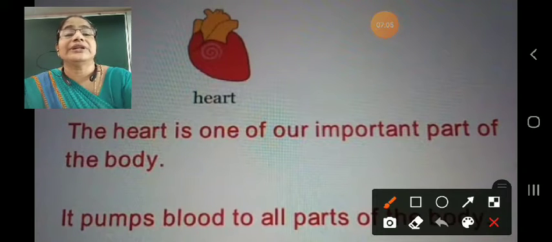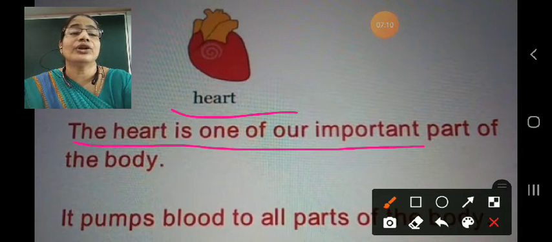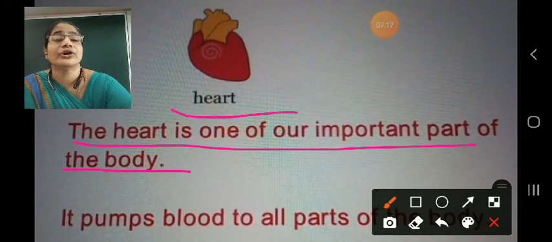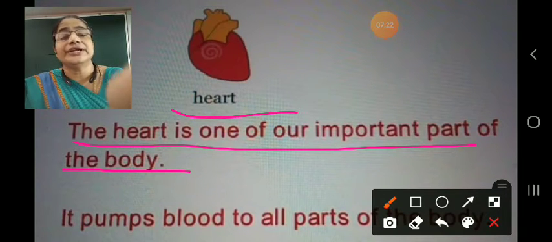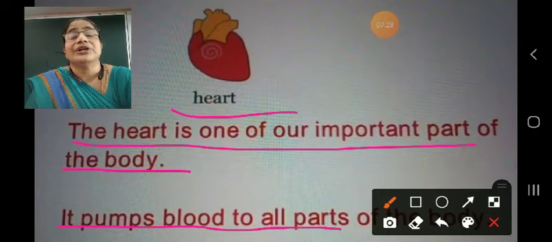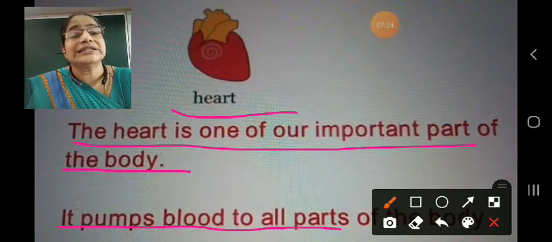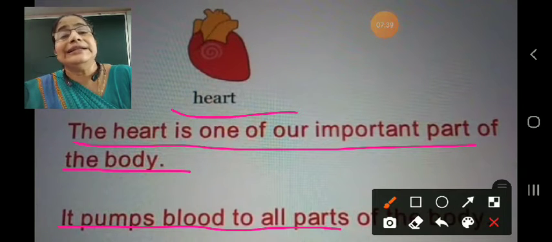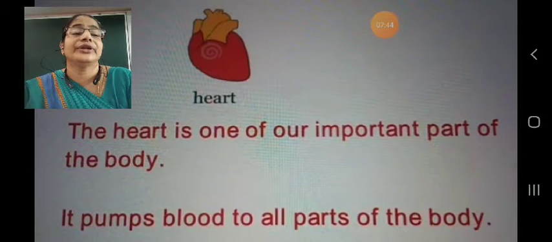Next internal body part is heart. The heart is one of the important parts of our body. It pumps blood to all parts of the body. What is the main work of the heart? It pumps blood to all parts of our body.